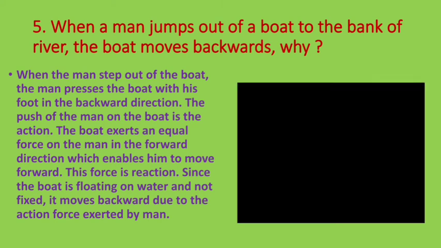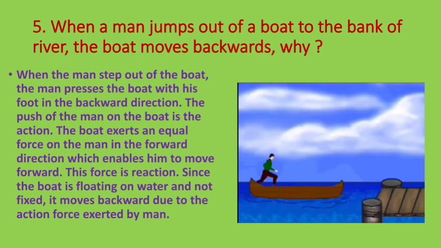Next question. Why does a man jumping out of a boat onto the bank of a river make the boat move backward? When the man steps out of the boat, he presses the boat with his foot in the backward direction. The push of the man on the boat is the action.